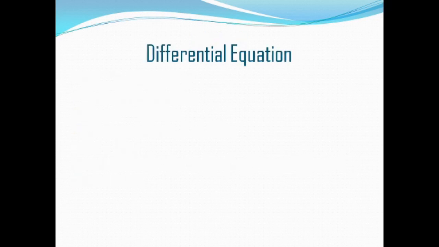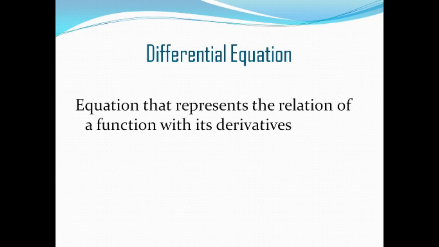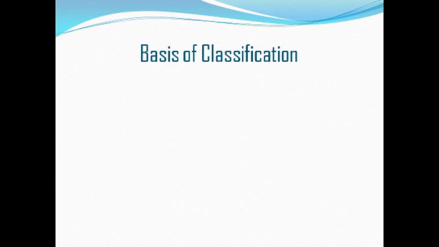Okay, so let us define a differential equation first. It is an equation that represents the relation of a function with its derivatives, and the function means the dependent variable in terms of the independent variable. There are many ways to classify differential equations that we'll study in the upcoming videos, like linear, non-linear equations, then homogeneous, non-homogeneous equations, and many more.